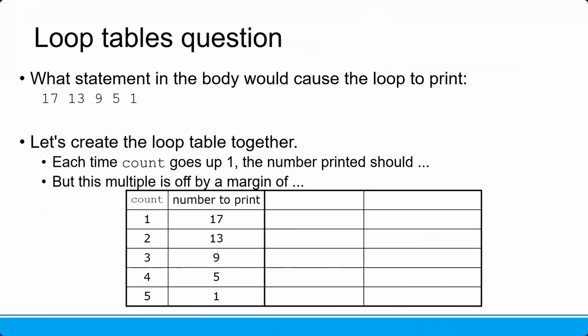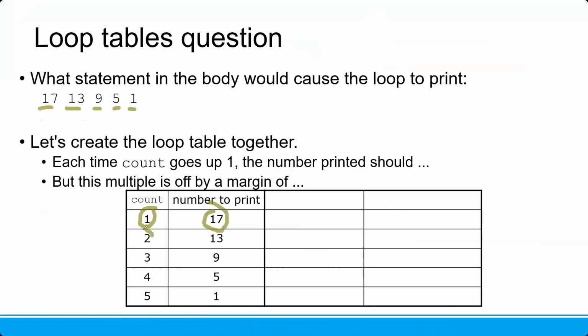Now, I have another problem. What is this? We have 17, and then 13, and then 9, and then 5, and then 1. So when I have the count equal to 1, I want to print 17.